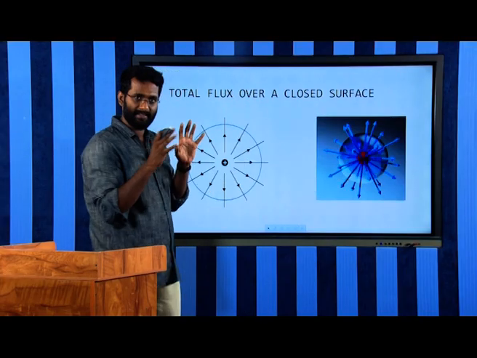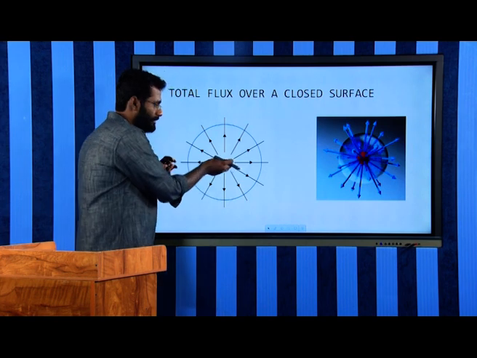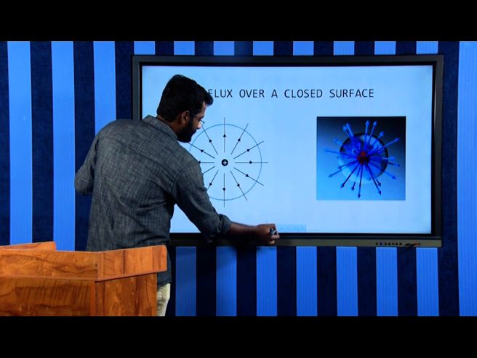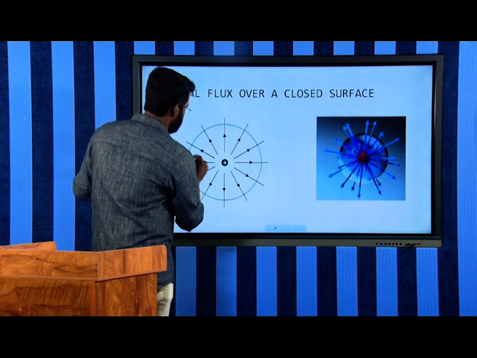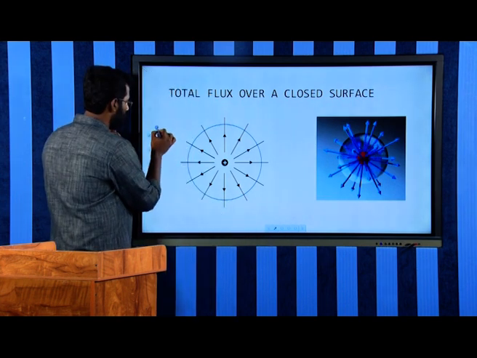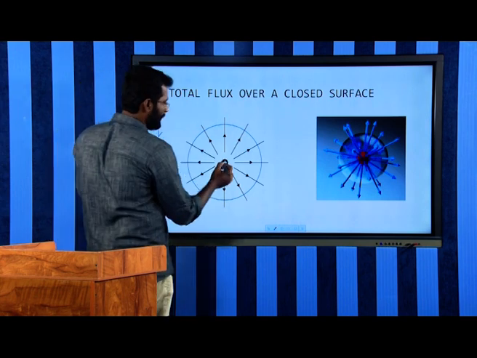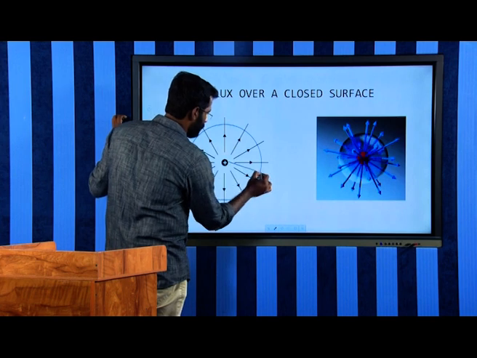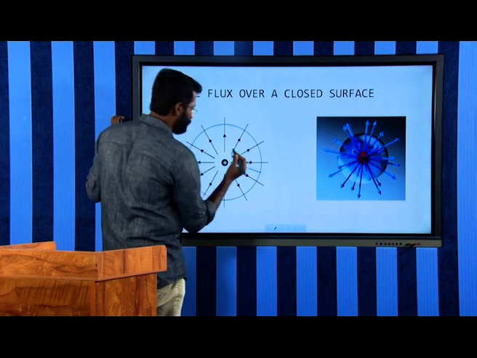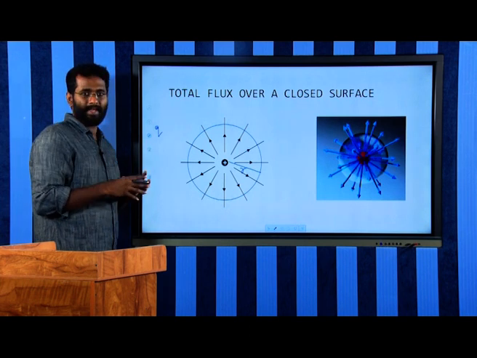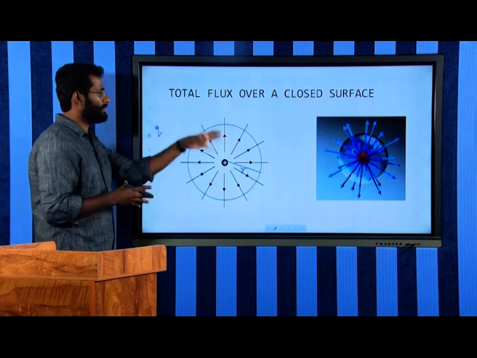We have a positive charge of amount q at the center, and a sphere of radius r. Now, we want to calculate the total flux over this surface.